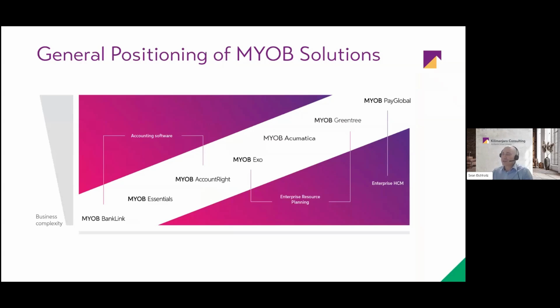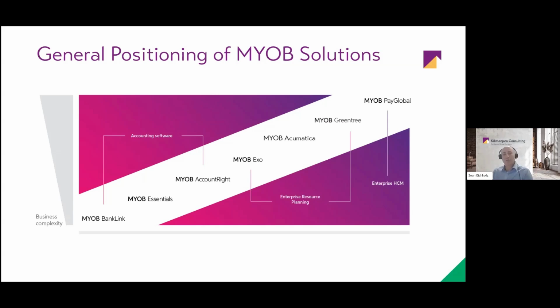Typically, when people think MYOB, they are thinking about the three products on the left, products like MYOB Essentials, BankLink and AccountRight, off-the-shelf software. What you get is what you get and no more. It can't be configured or tailored or customized. You sign up direct with MYOB and off you go. I think there are about 1.1 million customers now running those three products of MYOB.